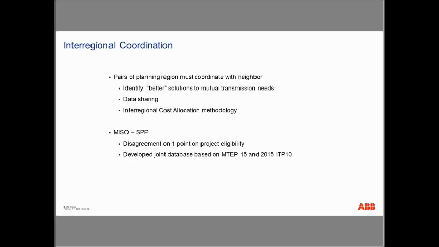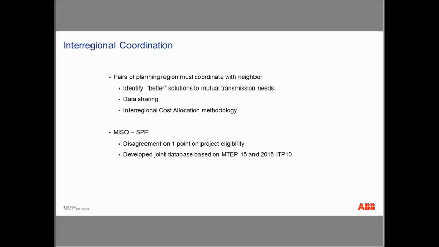And MISO SPP is an example of a pair. They are neighbors, and they have generally come to an agreement. They still have one disagreement outstanding on project eligibility, I believe, which is the level of approval required for a project to be eligible for cost allocation in this interregional process.